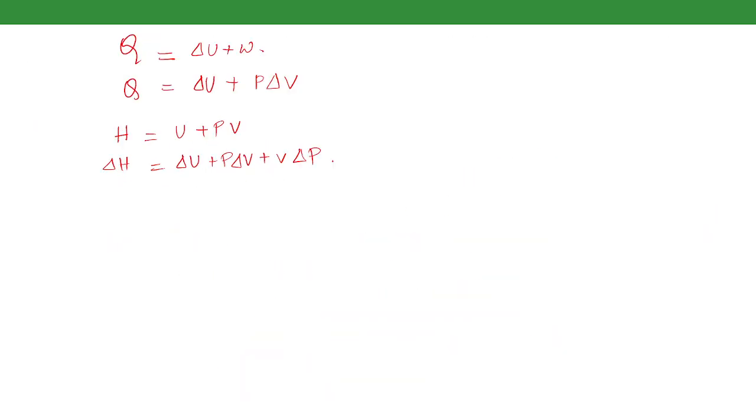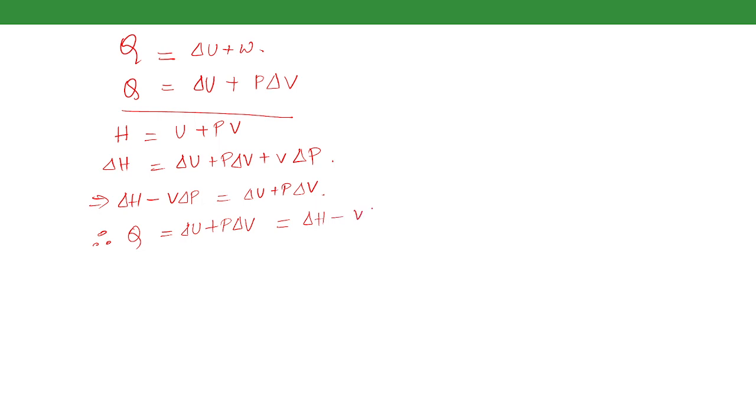Now we are writing it for a general process. For a general process, if we take it this side, then delta H minus V into delta P can be written as delta U plus P into delta V. So if we put it in this expression, it becomes Q equals delta U plus P into delta V, which equals delta H minus V into delta P.